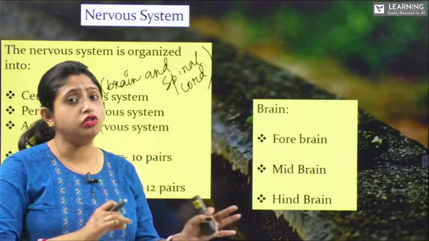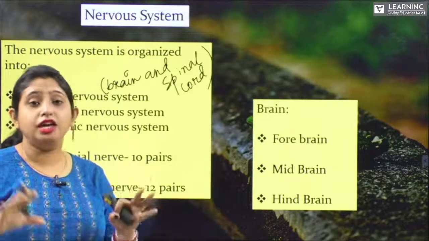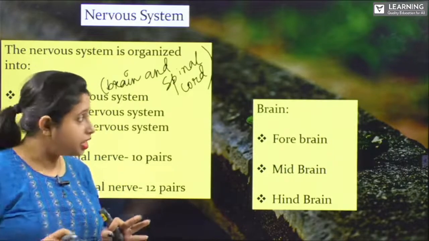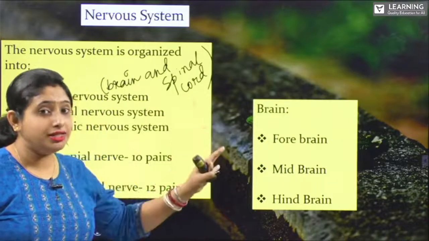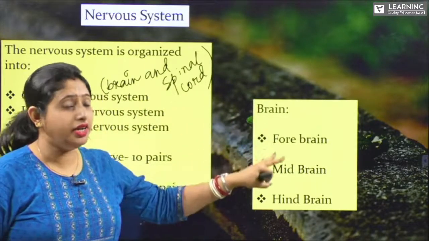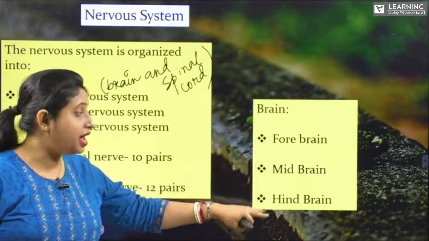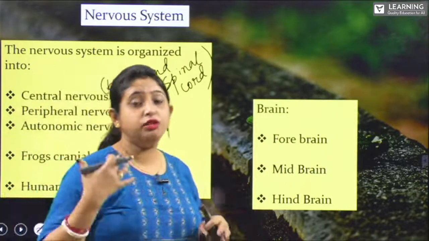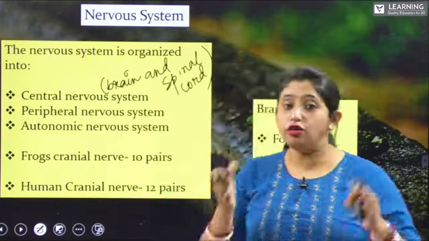Similarly, frogs also have the same nerves in the body. The brain is divided into forebrain, midbrain and hindbrain, just like in human beings.